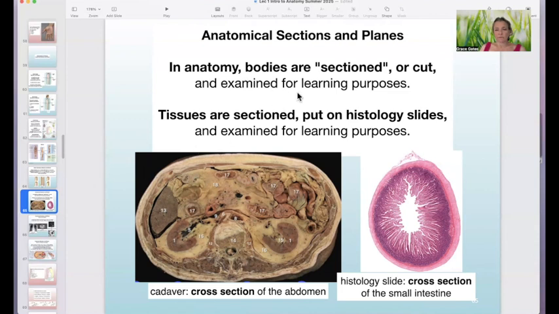Well, we want to examine bodies, so bodies can be sectioned or cut and examined to see what's inside them. Tissues can be sectioned, put on histology slides, and examined for learning purposes. And here we see a cadaver, a cross section of the abdomen, and a histology slide, a cross section of a piece of small intestine, cut very, very finely.